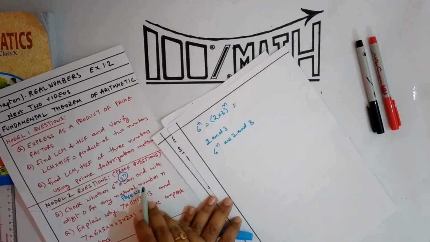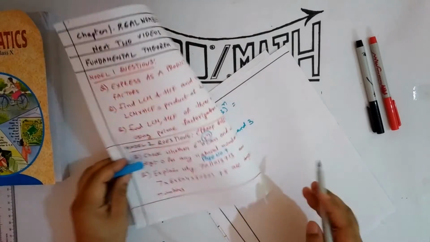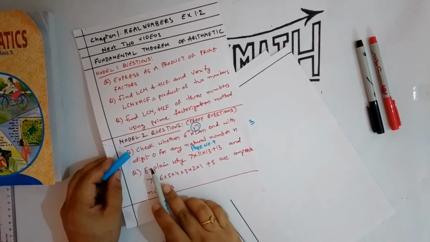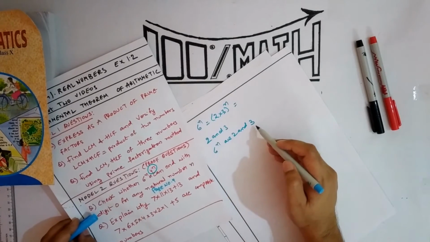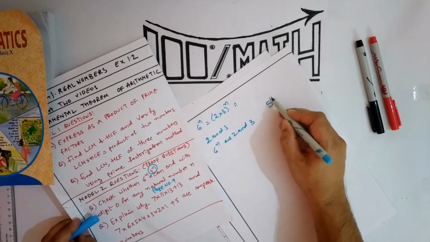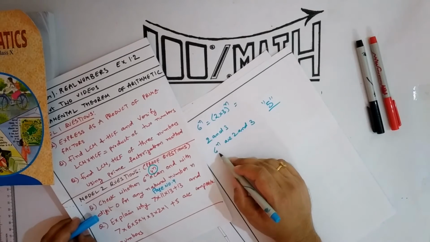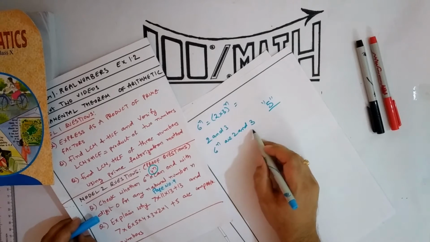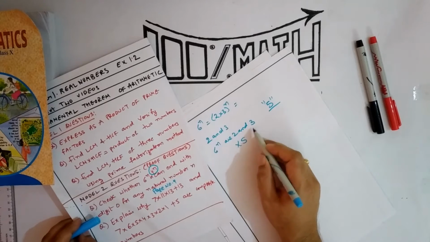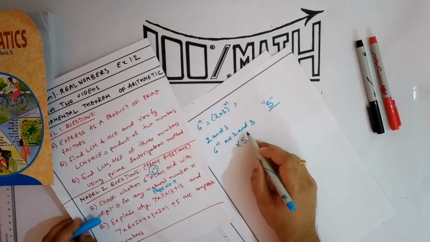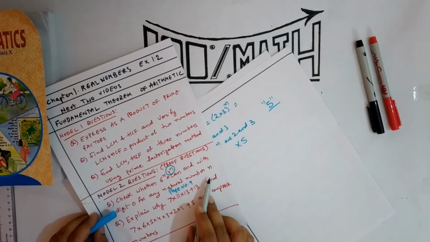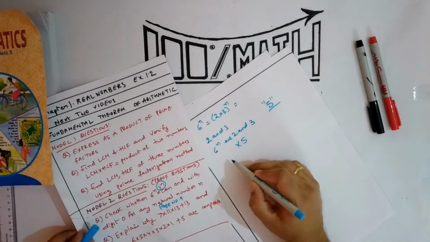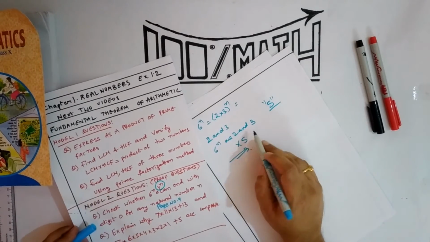In order that a natural number ends with a digit 0, one of the prime factors should be 5. So here we can see that 5 is not one of the prime factors of 6 power n. So this number cannot end with digit 0. This is the logic that you have to understand to solve this question.